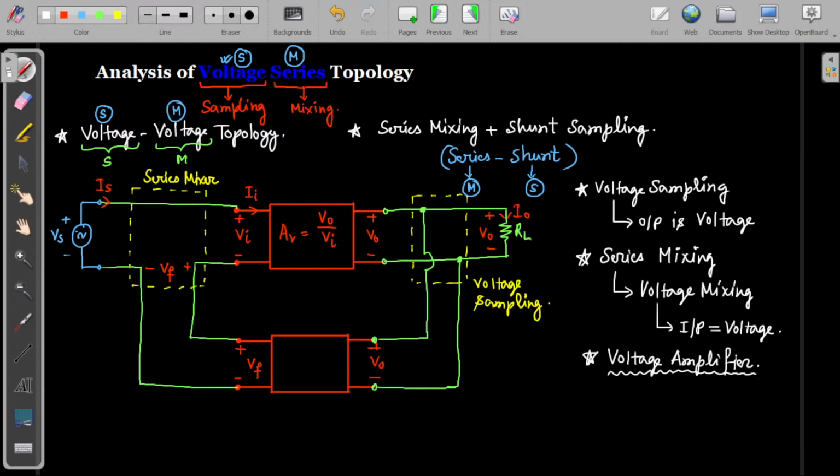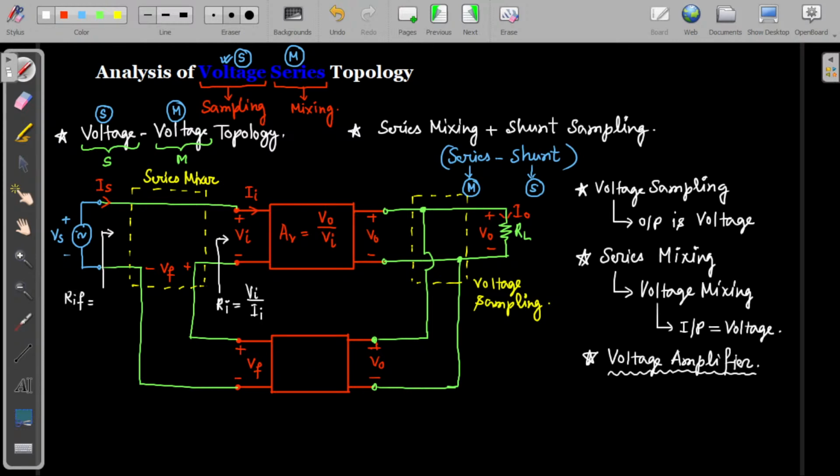Okay, so now if I similarly find, let us see what we can say about the input and output impedance. If I see the impedance at this point, it will be the input impedance of the basic amplifier, Ri. So Ri will be equal to Vi divided by Ii. Similarly, if I see the input impedance at this point, it will be RIF.